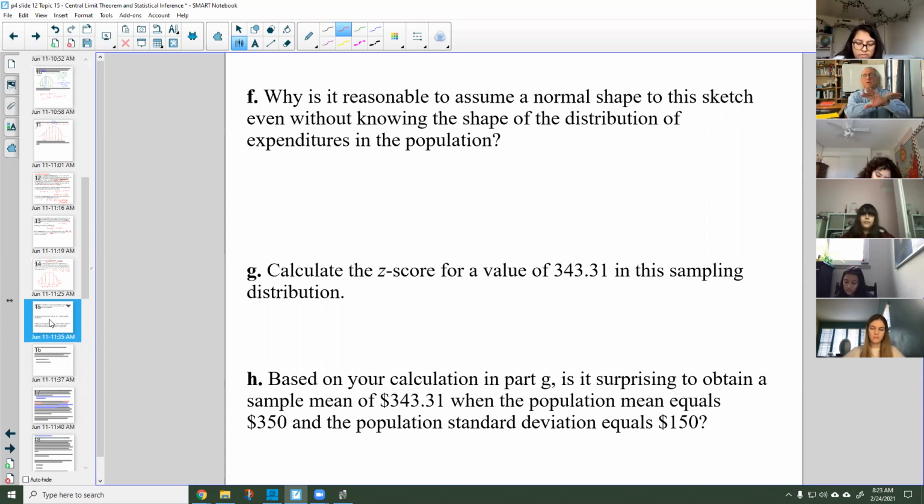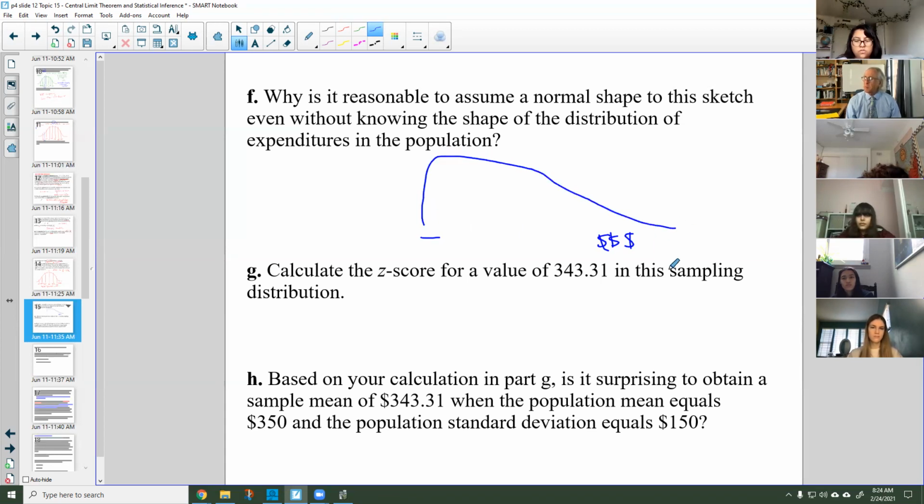So even if the underlying population had a skewed distribution, which I would assume if we're thinking about spending on Thanksgiving weekend, because you're going to have a bunch of people that really can't afford to spend that much, and then a handful of people that are going to be able to spend a real lot.